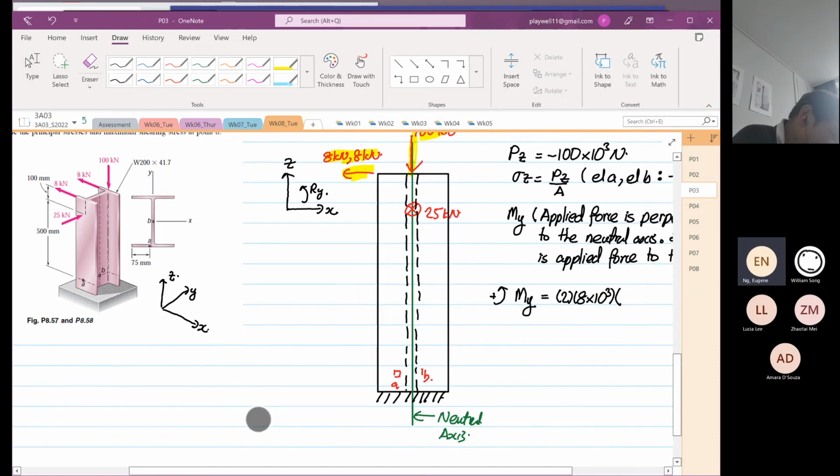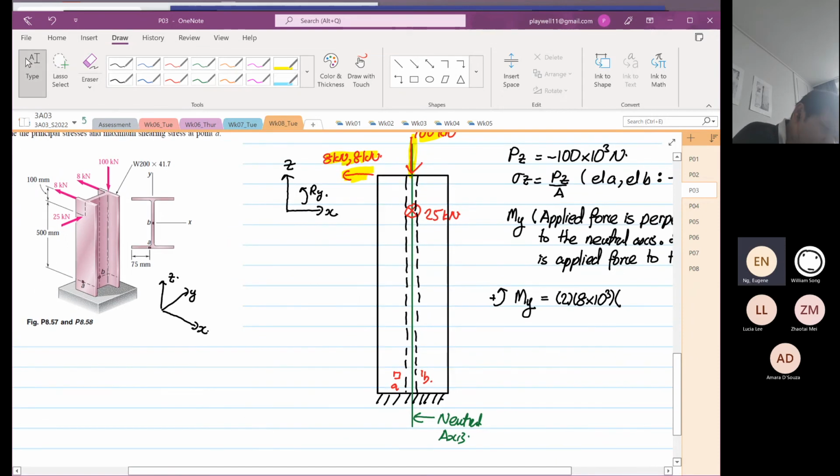The perpendicular distance, as you can see, is 0.6 meters. So this is equal to 2 times 8 times 10 to the power 3 times 0.6, which is 9,600 Newton meter, and it's going in this direction.